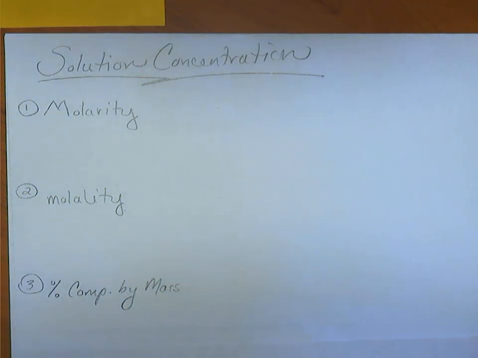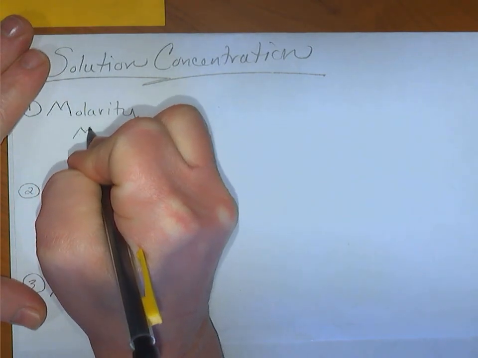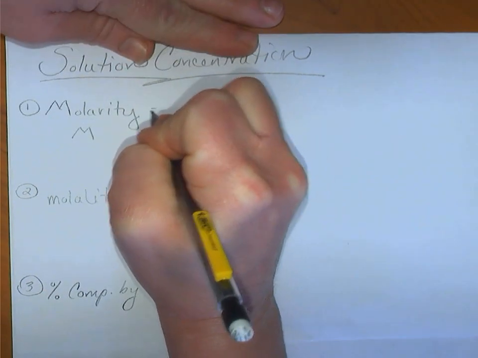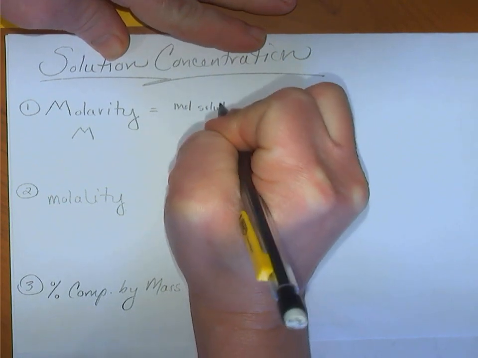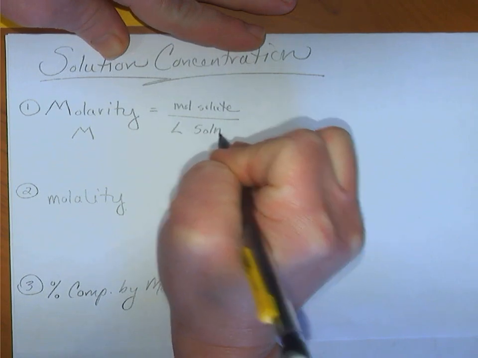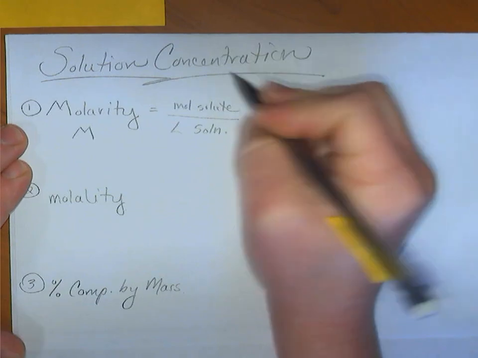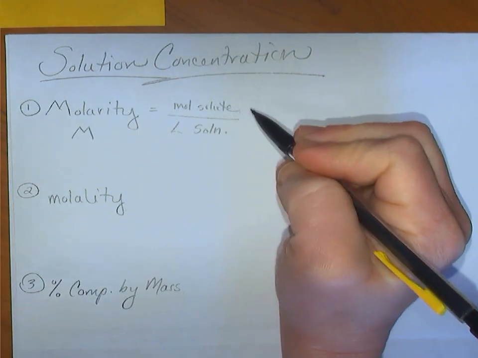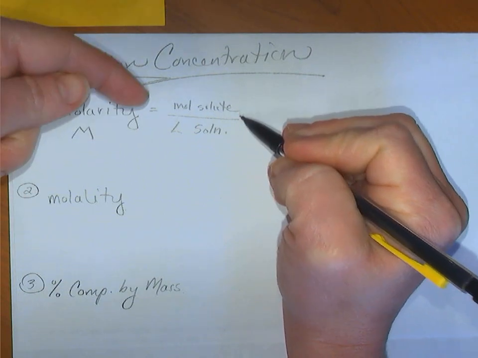So let's dig in. Molarity is represented by a capital M. Molarity is found by evaluating the moles of solute per liter of solution. Usually, with solution concentration, we're trying to reference the ratio of solute per solvent or solution.